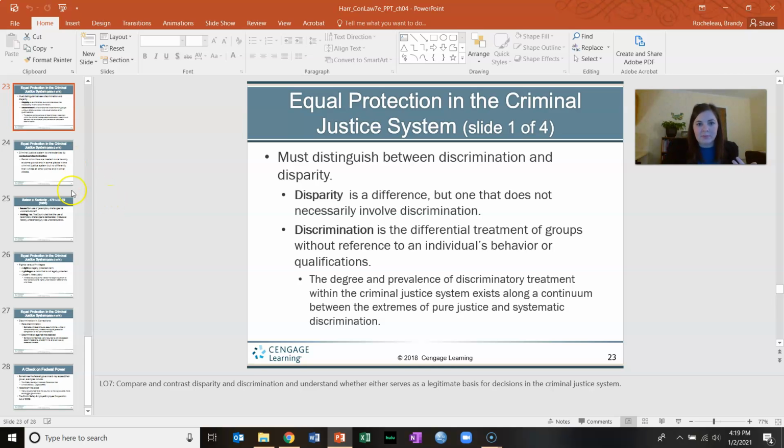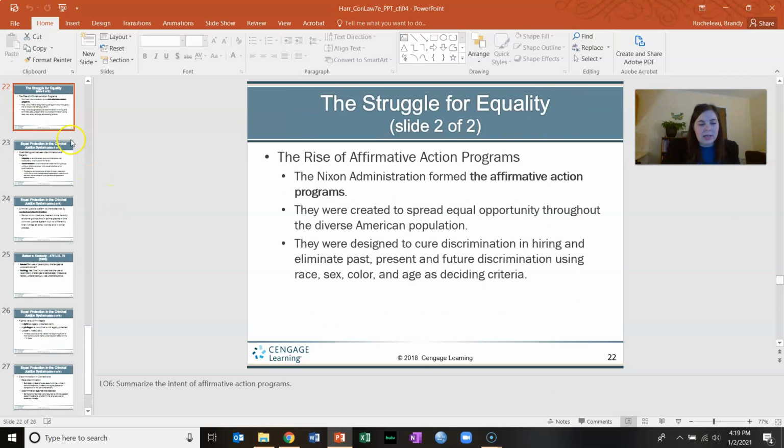They have been really litigated out, including fairly recently in Fisher versus University of Texas. There are still some that are going on against the University of North Carolina and Harvard, but affirmative action programs are still constitutional as of now. This might be something that we do see change, though.